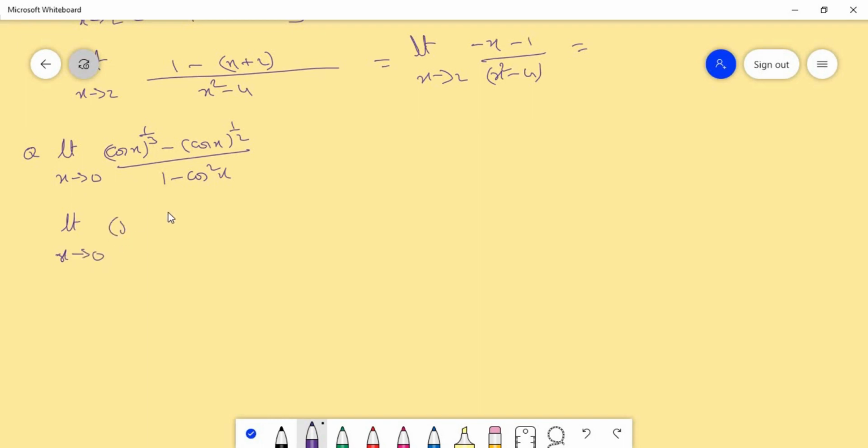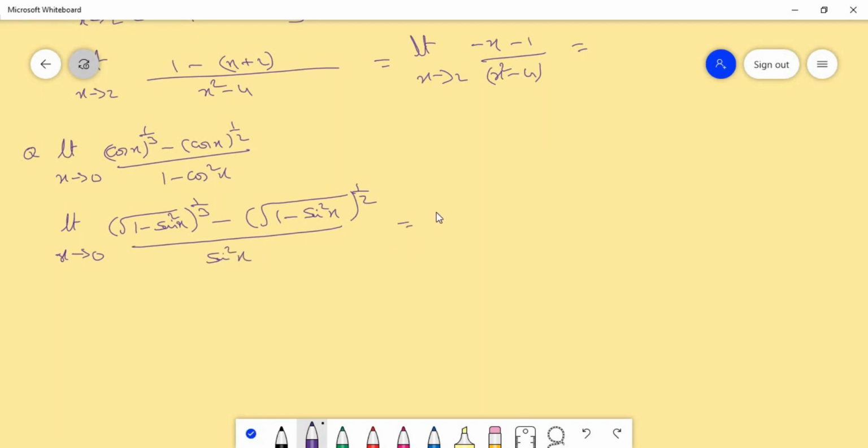Cos x can be written as root of 1 minus sin square x, whole power 1 by 3 as it is. Here also square root of 1 minus sin square x, whole power 1 by 2 as it is. Whole divided by sin square x.